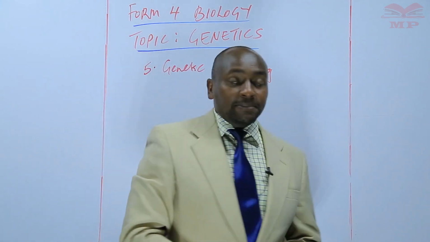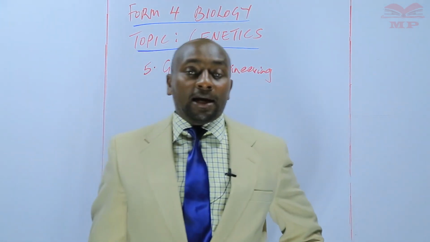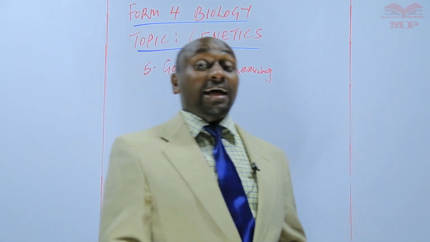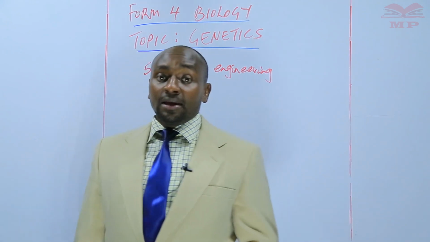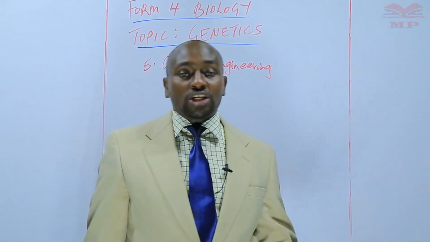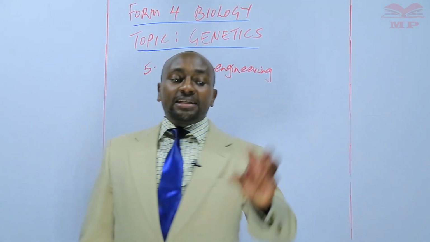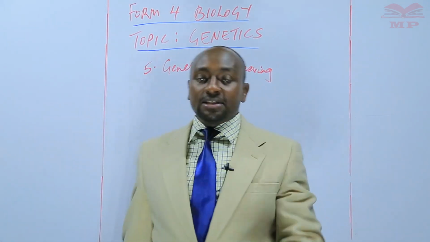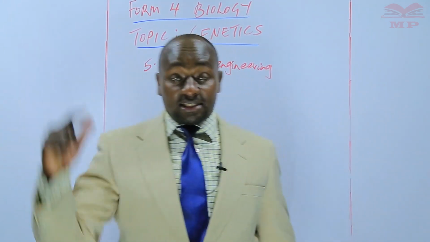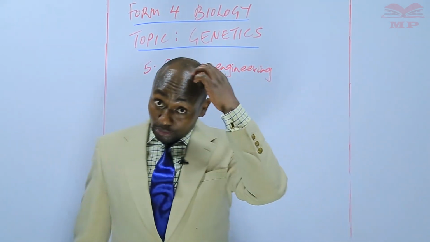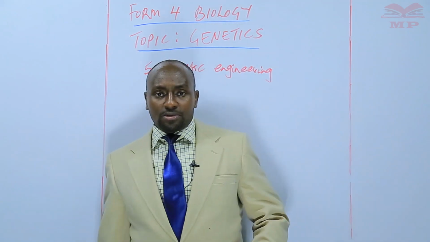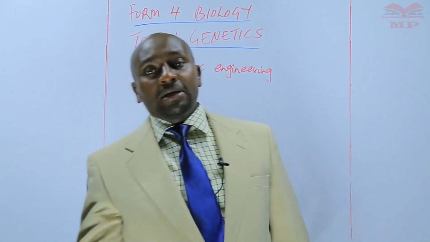Now, genetic engineering is whereby a certain desirable gene is first identified. After being identified, then it is altered or changed a little bit, and then it is isolated or separated from the organism where it is in existence, and then transferred into another organism of a completely unrelated species.